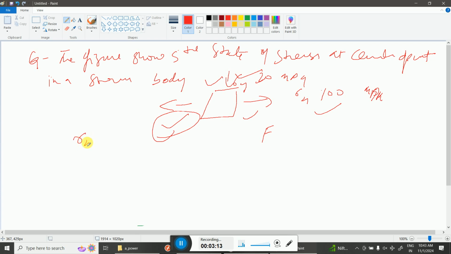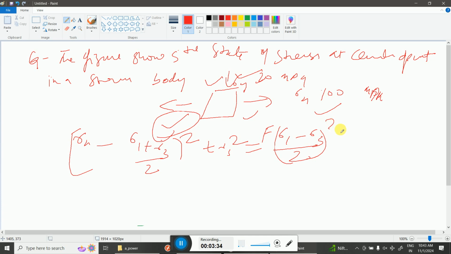This is nothing but (sigma n minus (sigma 1 plus sigma 3) by 2) whole square plus sigma s whole square is equal to ((sigma 1 minus sigma 3) by 2) whole square. So this is your r, and in the question this radius has been asked.